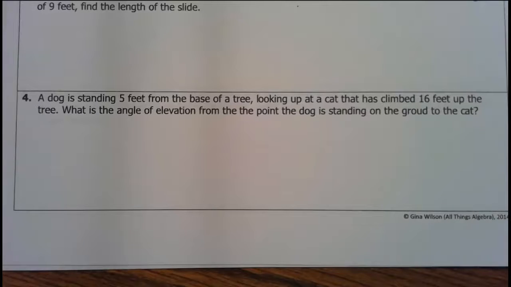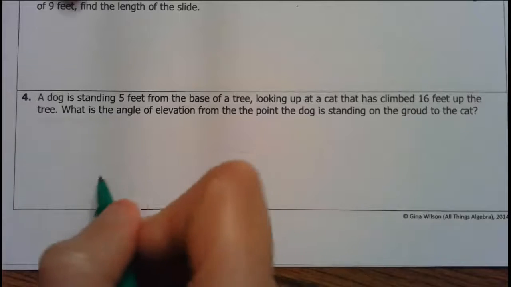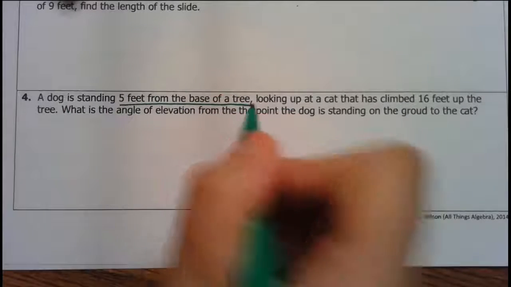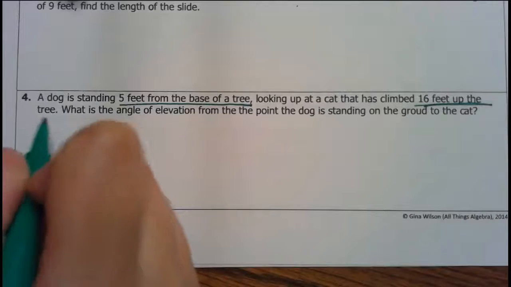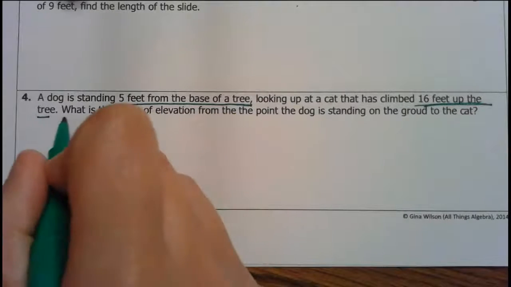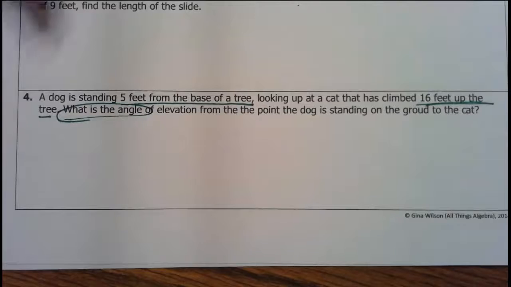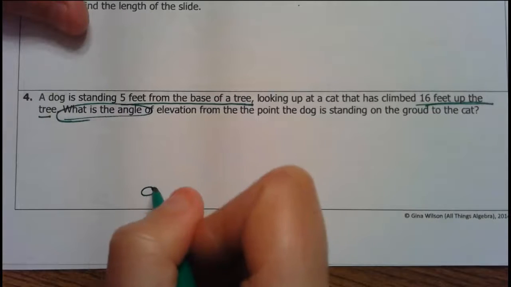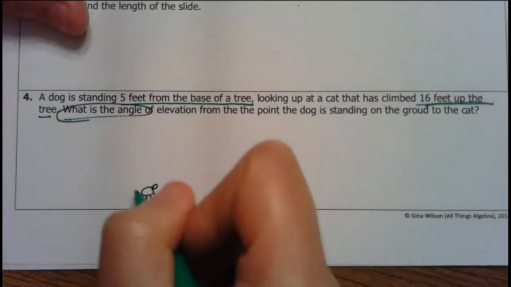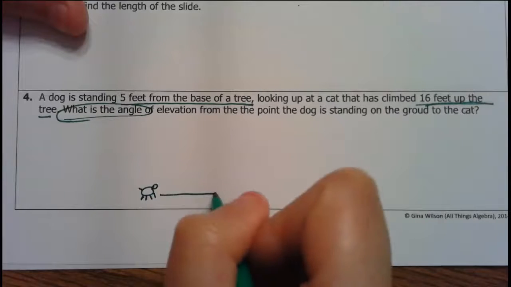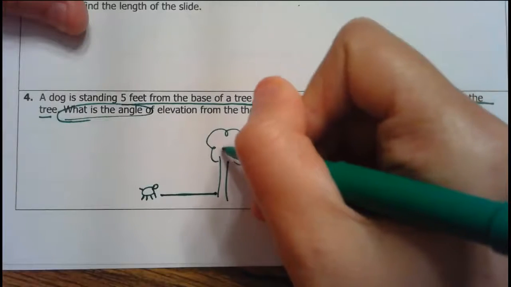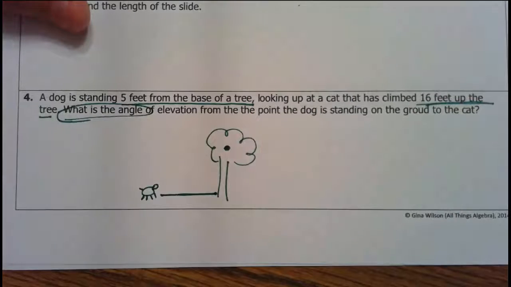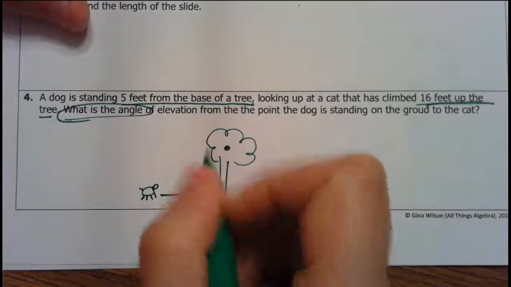A dog is standing 5 feet from the base of a tree, looking up at a cat who has climbed 16 feet up the tree. What's the angle of elevation from the point the dog is standing on the ground to the cat? So I have a dog, and he is looking up a tree to see a cat. We know he's standing 5 feet away from the base of the tree.